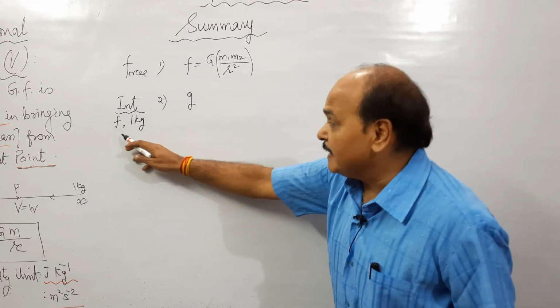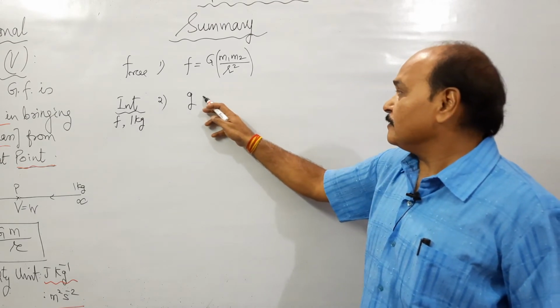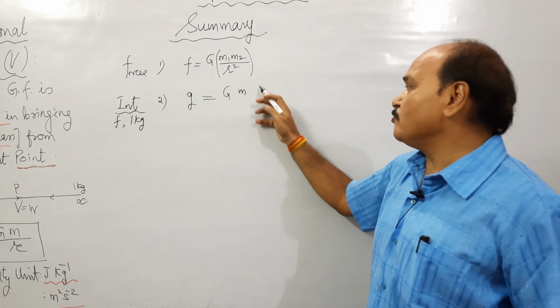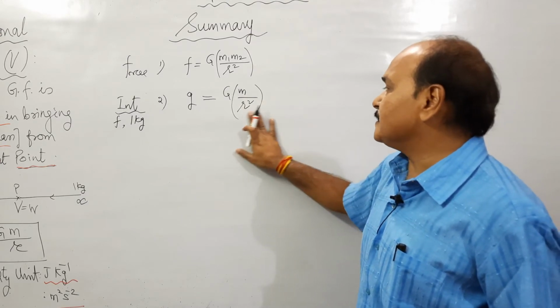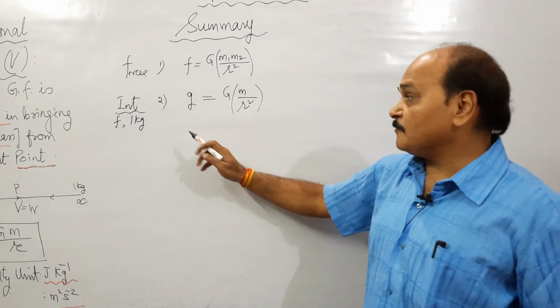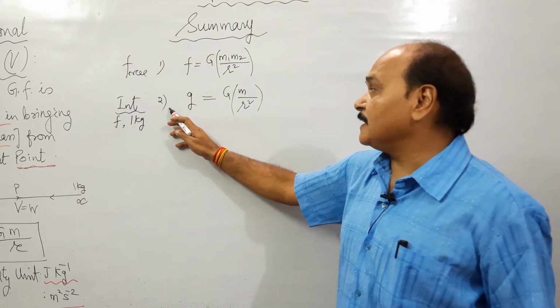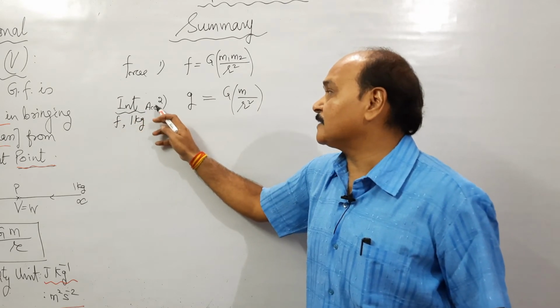That is what is recollected when we write F comma 1 kilogram. And value of gravitational field intensity is Gm into 1 upon r square. Since this is force per unit mass, it is also called acceleration due to gravity.